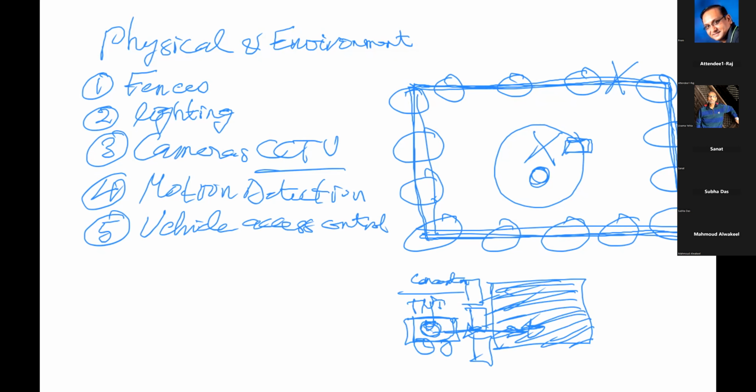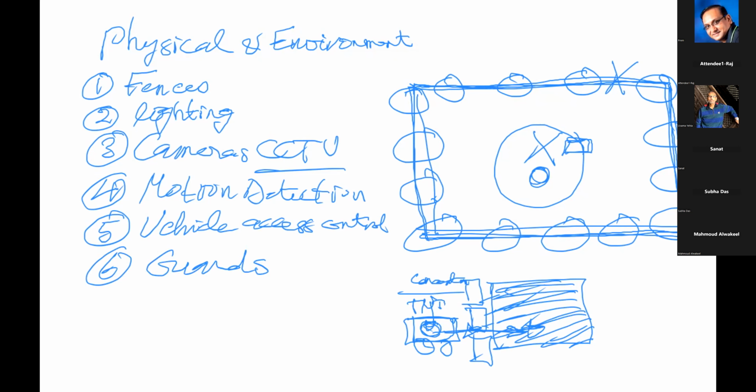Then these barriers and bollards will protect against these types of attacks. Also, it is very important to have personal guards, because the guards have the ability to stop any intruder, ask him what he is doing, why he is here, and so on. This will be very important.